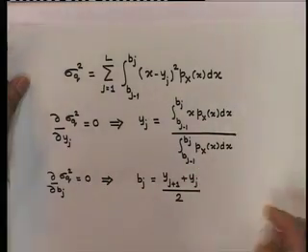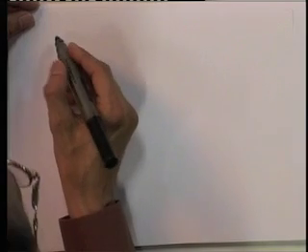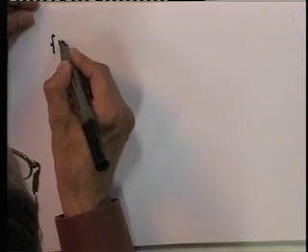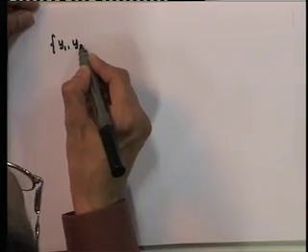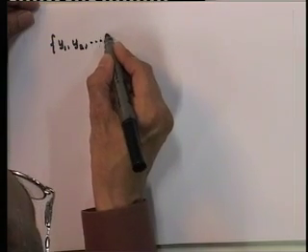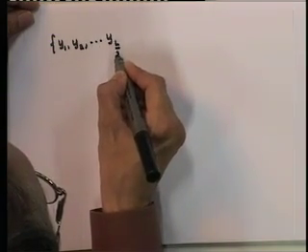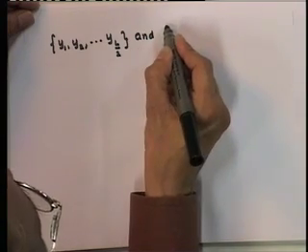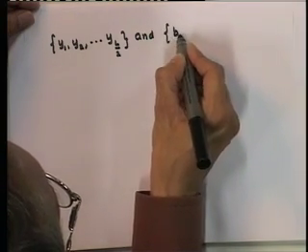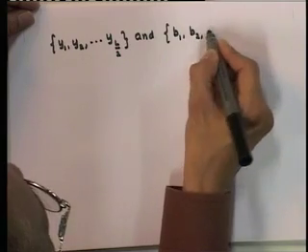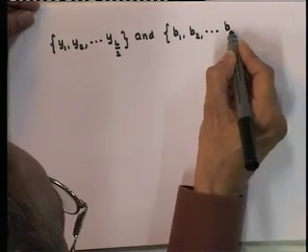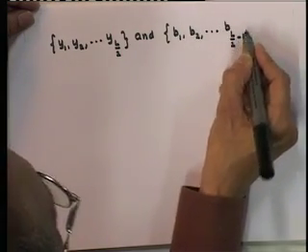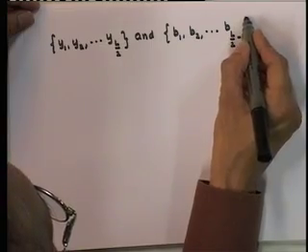We continue this process until we obtain values for y1, y2 up to y L by 2 and decision boundaries b1, b2 up to b L by 2 minus 1.